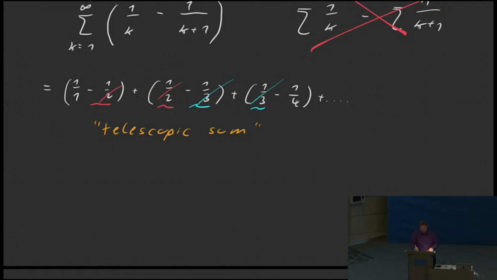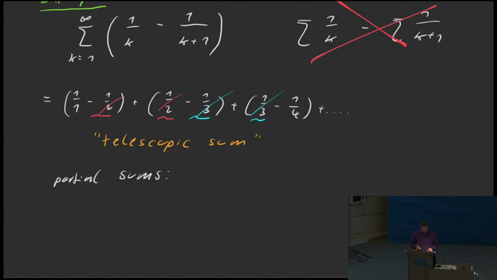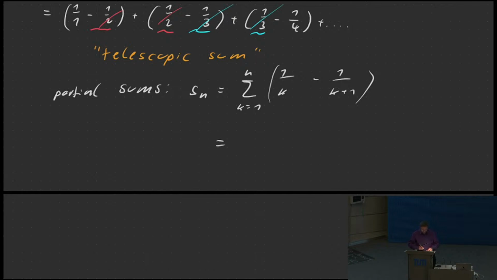Formally, if you want to prove this in the right way, you would take a look at the partial sums. So let me just write that down, partial sums. If I just sum up to some index n, so that partial sum is from 1 to n instead of infinity, what do I get? Well, we pretty much figured that out. What we get is the 1 in the beginning, that will stay.